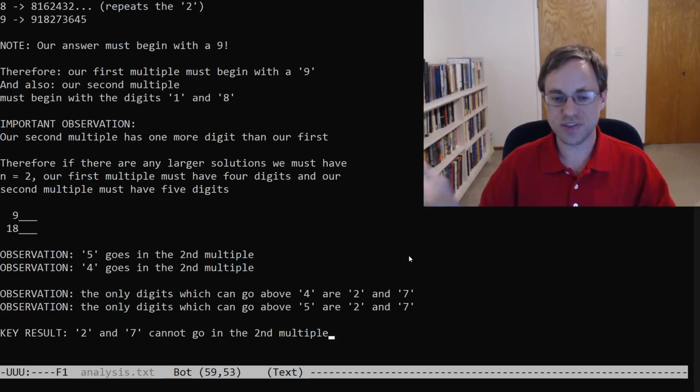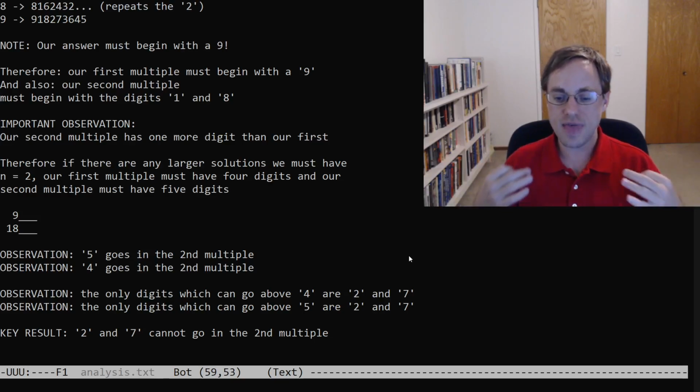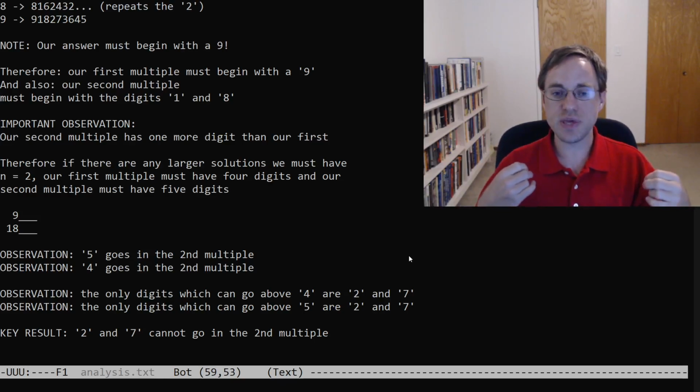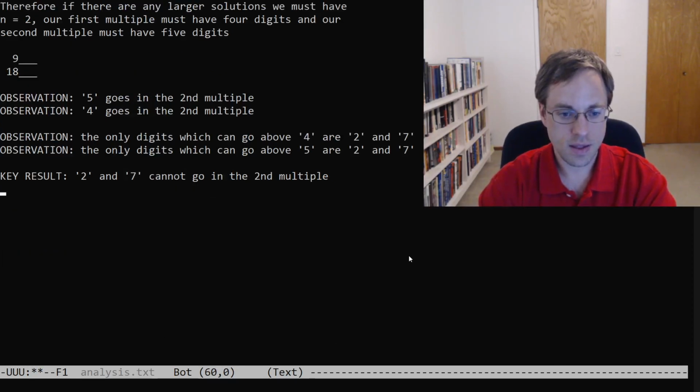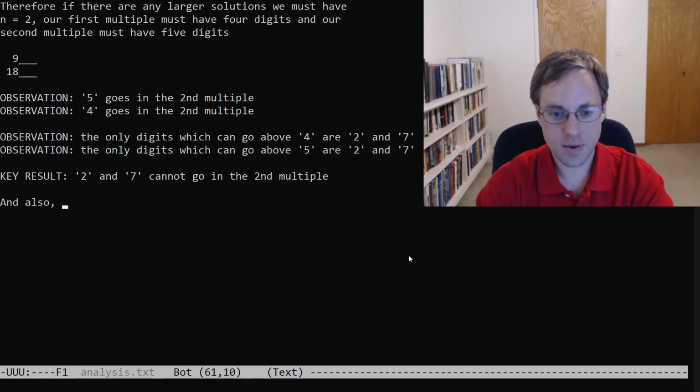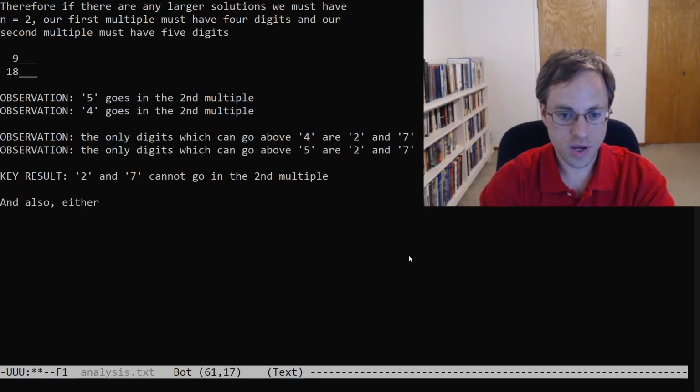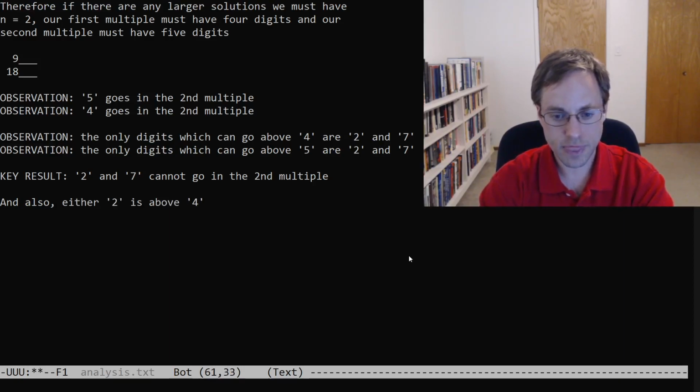There would be no digits that you could place in that position, which would be arithmetically correct. And also, either 2 is above 4 and 7 is above 5, or vice versa.